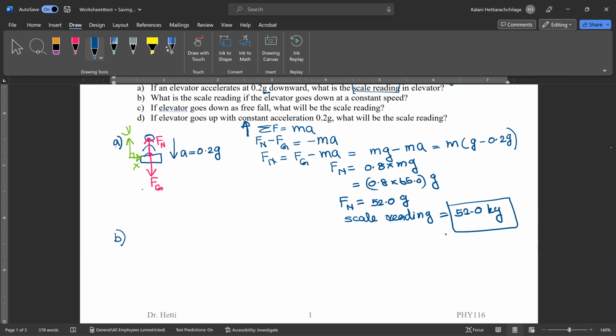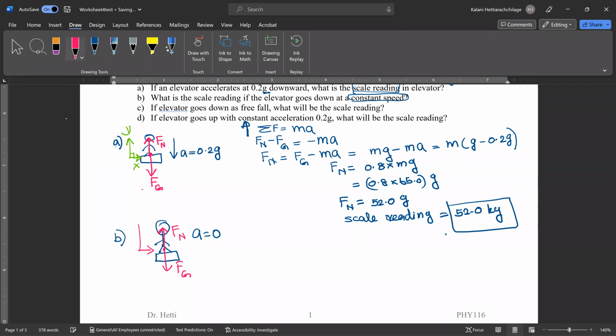Now drawing the free body diagram, again you can draw it. There is a person on the scale going downward with constant speed. What does that mean? Constant speed means acceleration equals 0. And then I have the normal force and the force of gravity. You may already see what is happening here, but let's do it step by step.